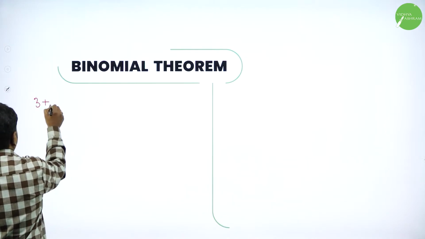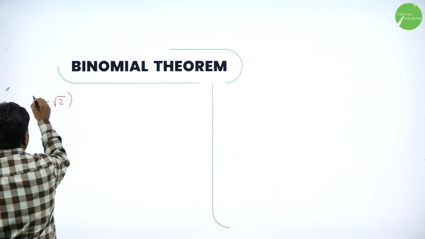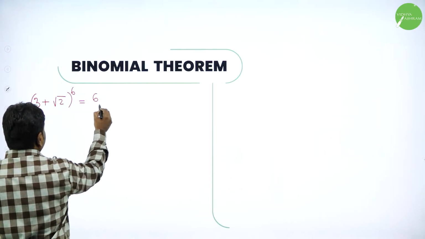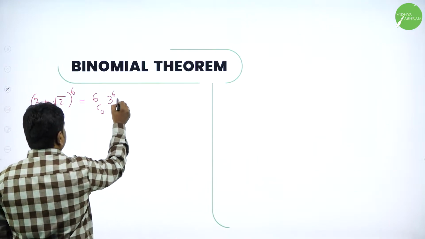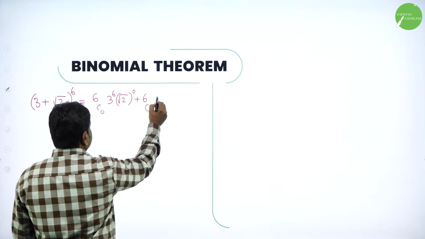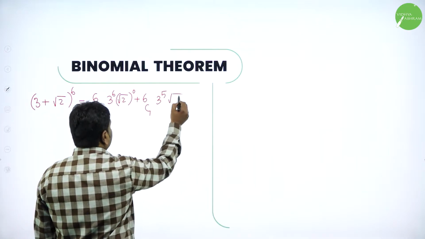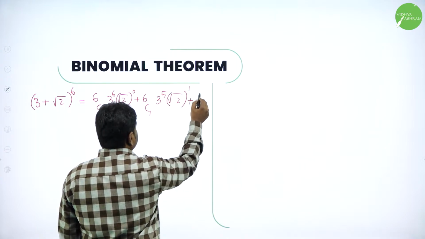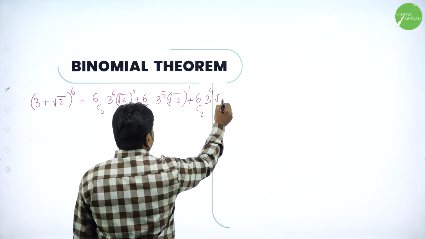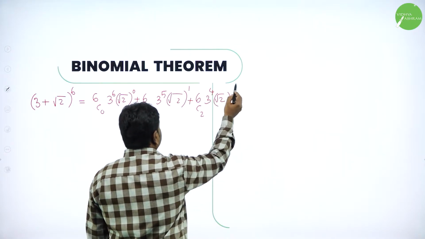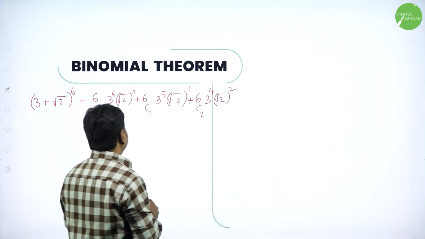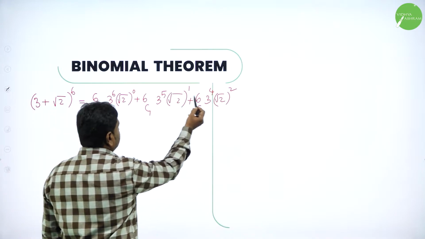Now (3 plus root 2) power 6 can be expanded as 6C0, 3 power 6 and root 2 power 0, then 6C1, 3 power 5, root 2 power 1, then 6C2, 3 power 4 and root 2 square. See, the first term power decreases, 3 power 6, then 3 power 5, then 3 power 4, like that.